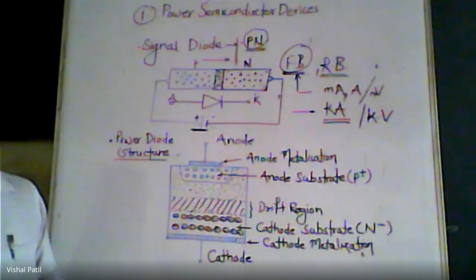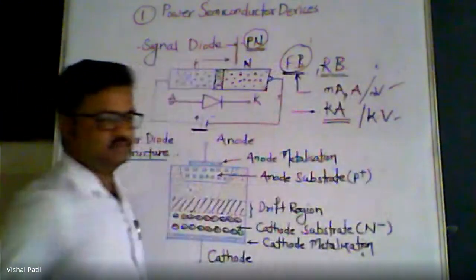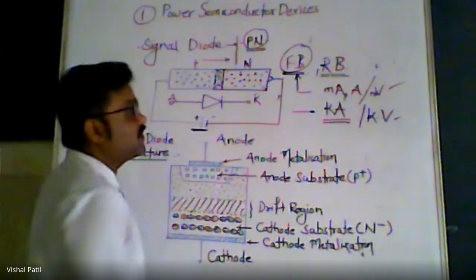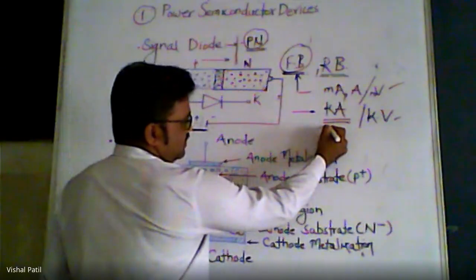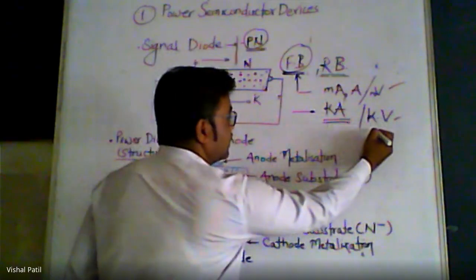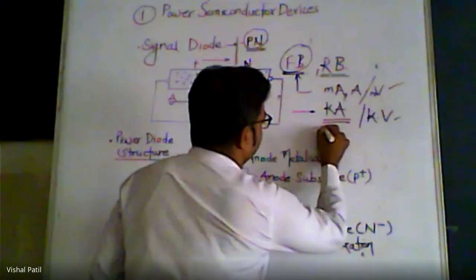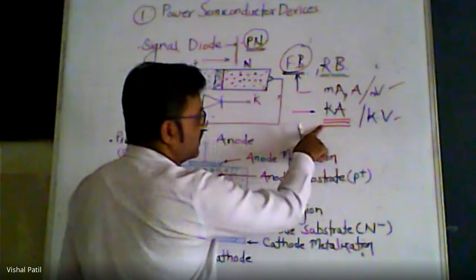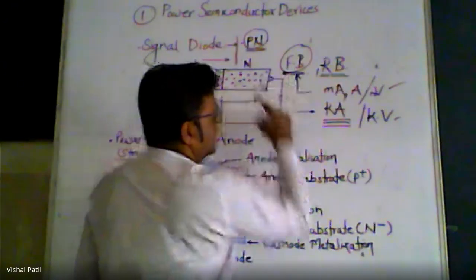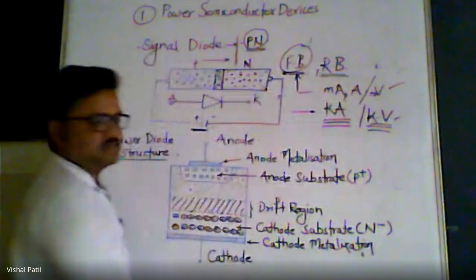So this is the difference between signal diode and power diode. That is, the rating of current in forward bias is very high and the rating of voltage in reverse bias is very high. This is the current conducted by a power diode in forward bias and this is the voltage blocked by a power diode in reverse bias.